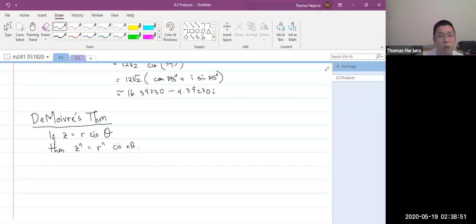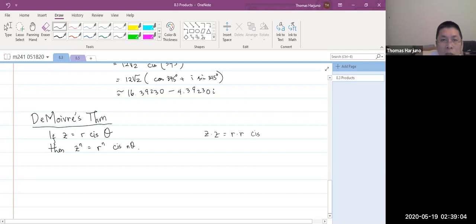Okay, so instead of multiplying, you do the exponent. So z times z is supposed to be r times r cis theta plus theta. If you multiply two same complex numbers, z squared is basically r squared cis 2 theta, right?